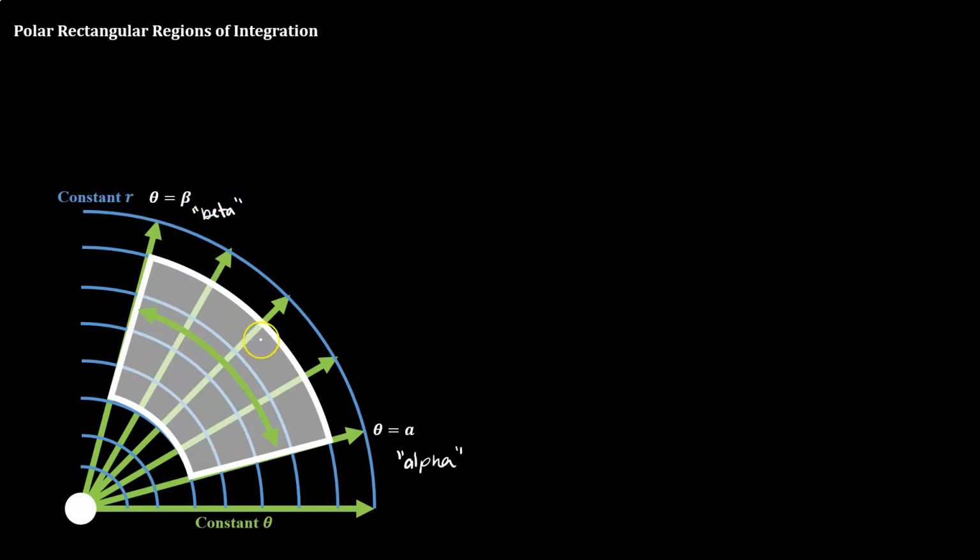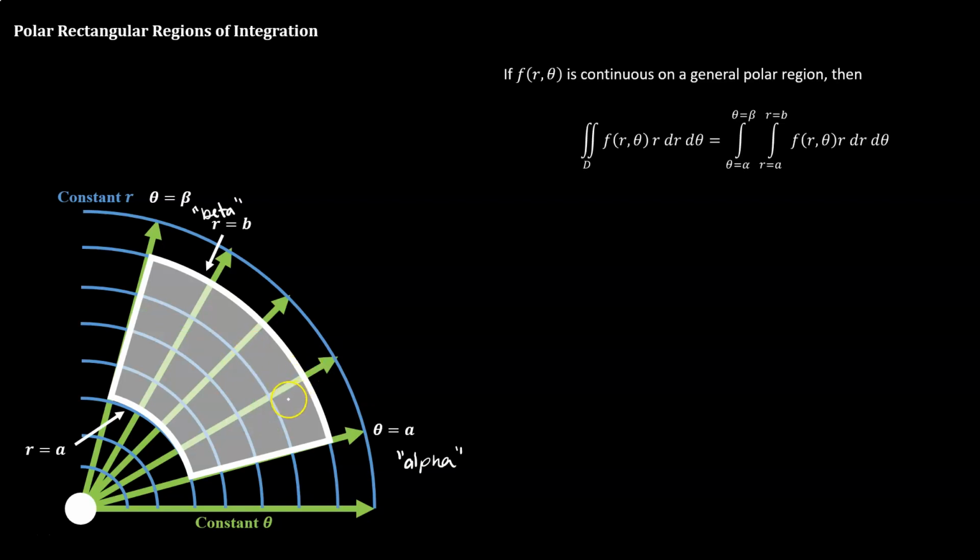And so in a polar rectangular region, we have constant bounds for the radius and for theta. Integration over this region D, underneath a function f that takes in variables r and theta, we would have that area increment r dr d theta, because that comes from our dA, the area increment.